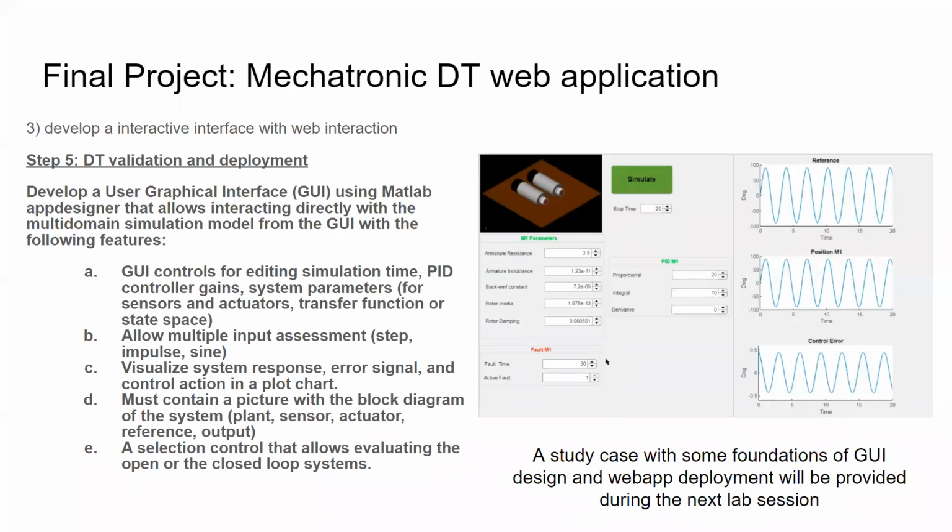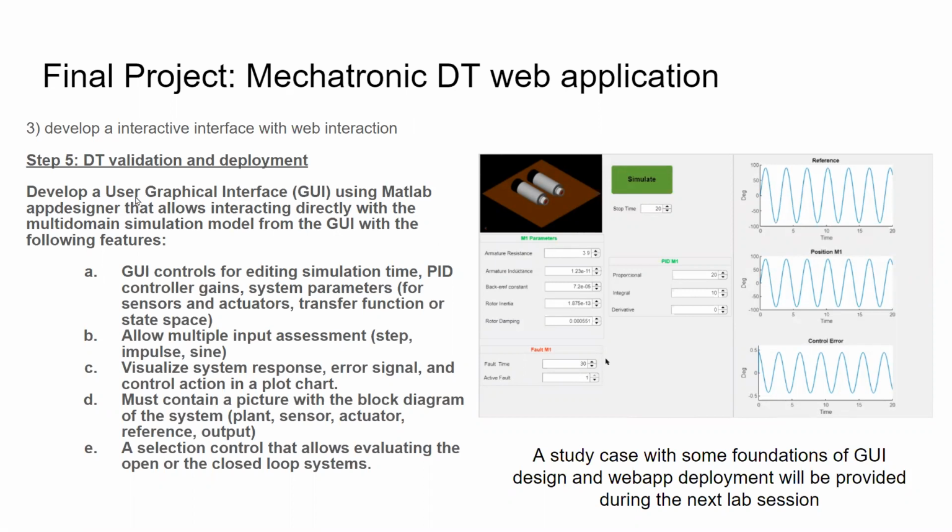We have to start thinking that we are not just in an isolated environment. We have to be on an interconnected network. So in that sense, this remote access to the application will be crucial towards the future of digital twin applications.